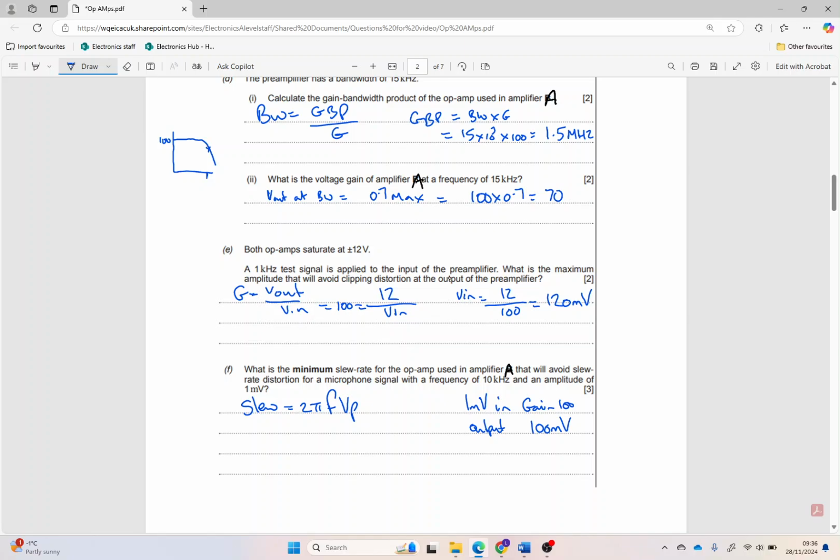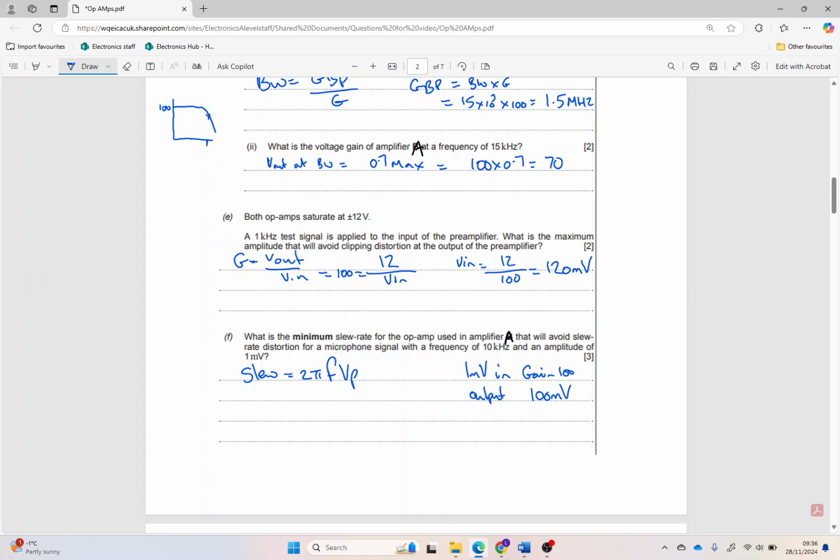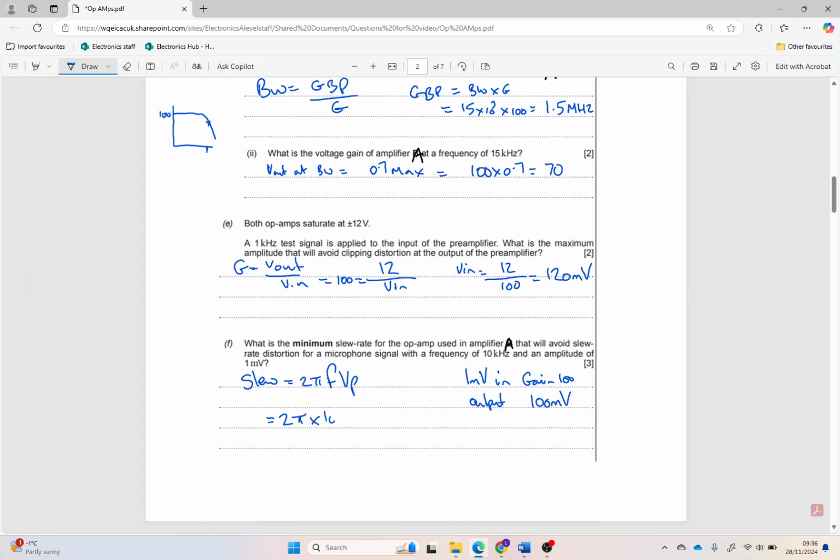The original question had a two-stage amplifier, so I would have to take that into account. So we've got 2 pi times our 10 kilohertz, times our 100 millivolts, times 10 to the minus 3. Which gives us an answer of 6.28 times 10 to the 3 volts per second.